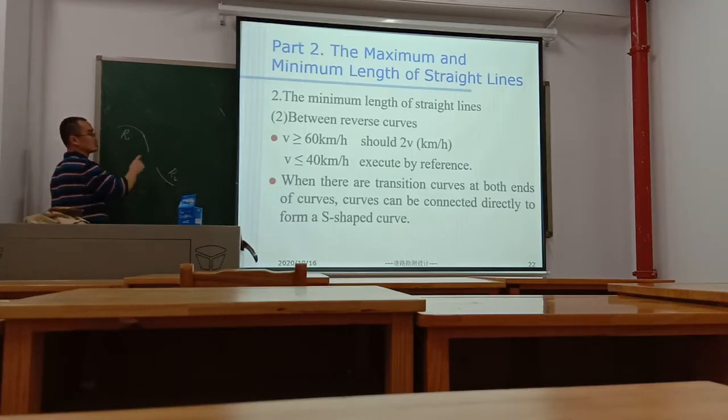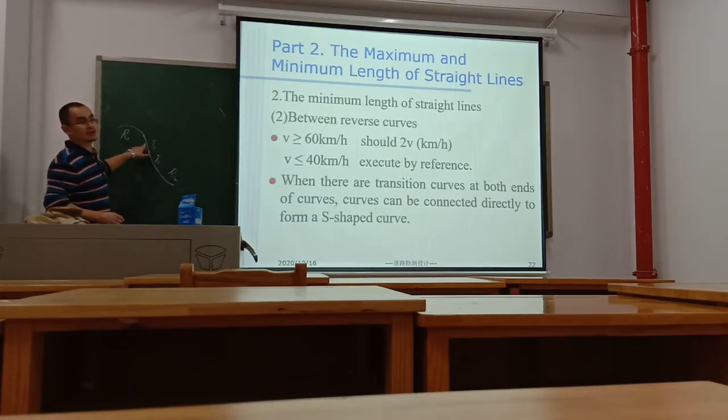Transition curve T1, transition curve T2. No straight line or tangent between transition curve 1 and transition curve 2. The length of the straight line is 0. Transition curve 1 is connected to transition curve 2 directly. Between them, no straight line. This is S-shaped.